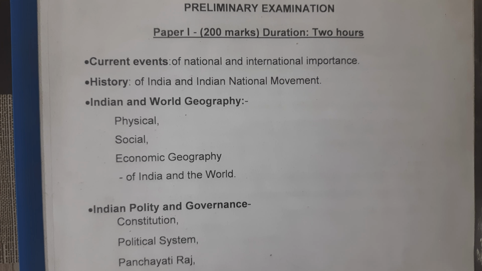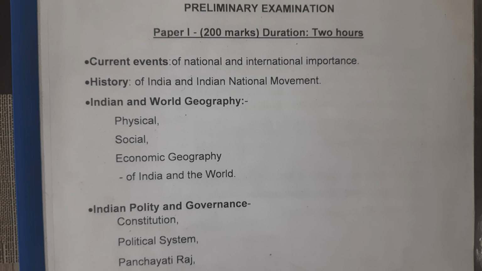Before that, I just wanted to tell you the exam pattern, or the exam format. The civil services examination consists of three stages. The first stage is called the preliminary examination, which consists of two papers. One is called the general studies paper and the other is called the CSAT, which is an aptitude test paper.